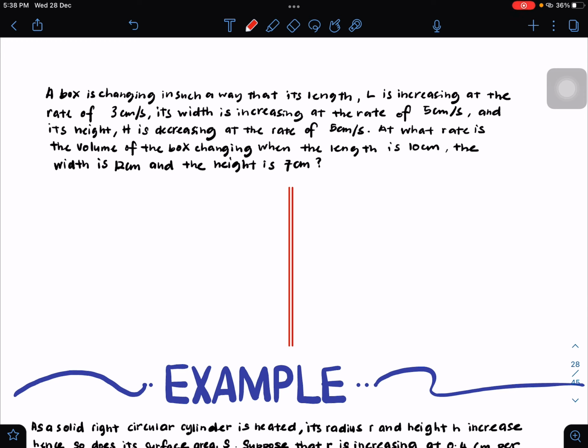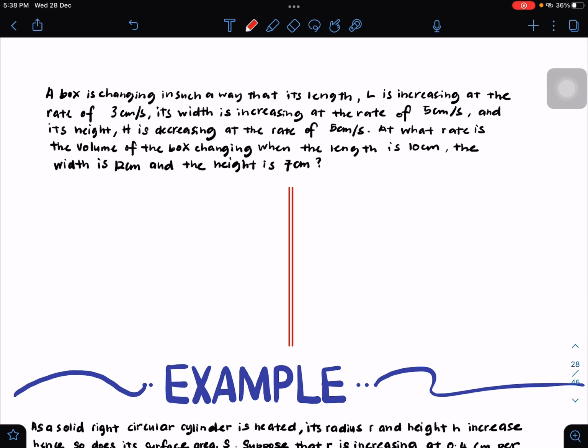Its width is increasing at the rate of 5 centimeters per second, and its height is decreasing at the rate of 5 centimeters per second. At what rate is the volume of the box changing when the length is 10 centimeters, the width is 12 centimeters, and the height is 7 centimeters?